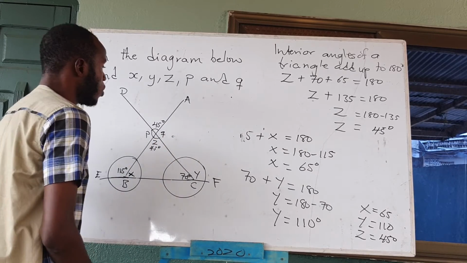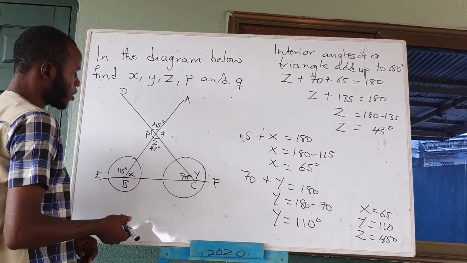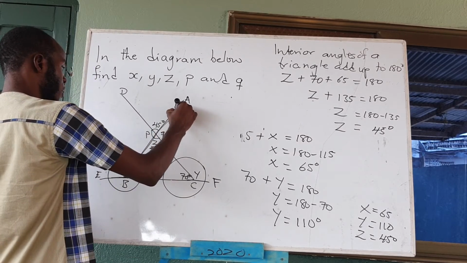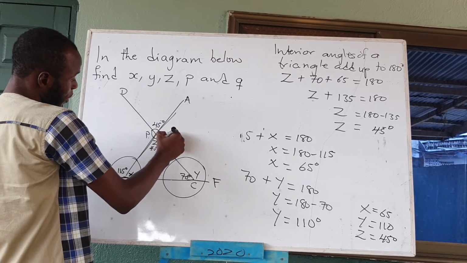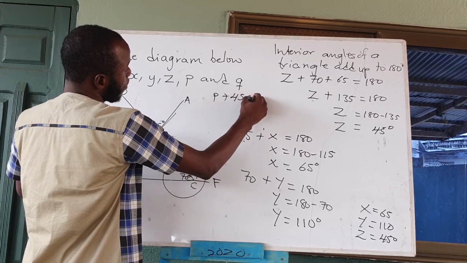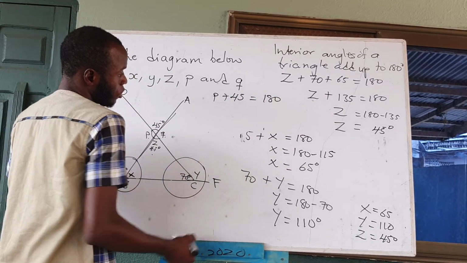Now we will make use of angle on a straight line again. We can consider p and this 45, so p plus 45 equals 180 degrees, angle on a straight line.